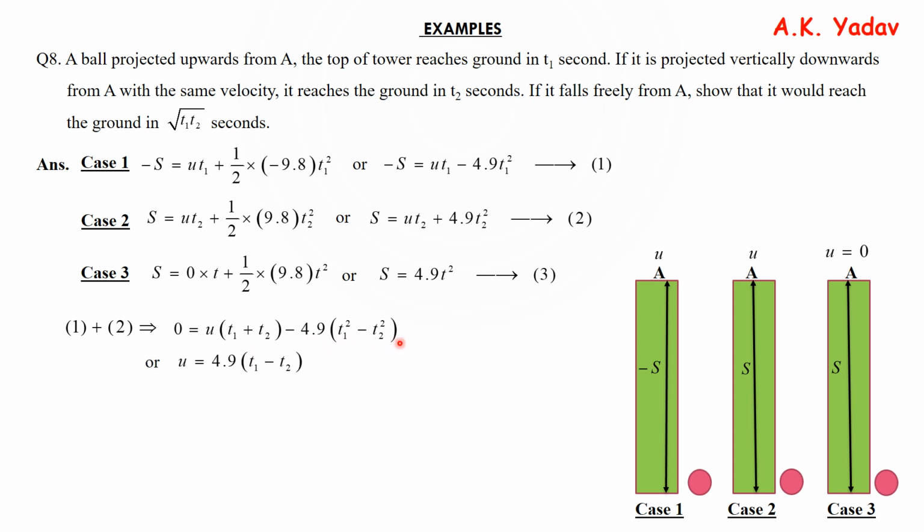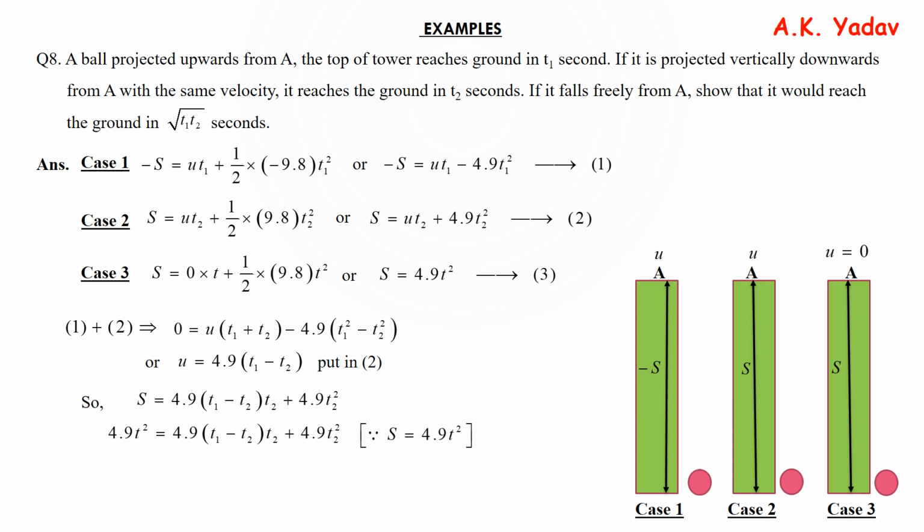On solving, we get u is equal to 4.9(t1 minus t2). Let us put this value in equation number 2. So we get s is equal to 4.9(t1 minus t2) into t2 plus 4.9 t2 square. Now we put the value of s from equation number 3.